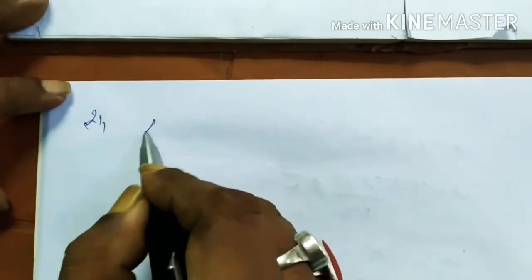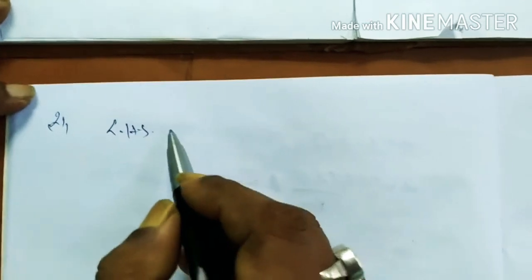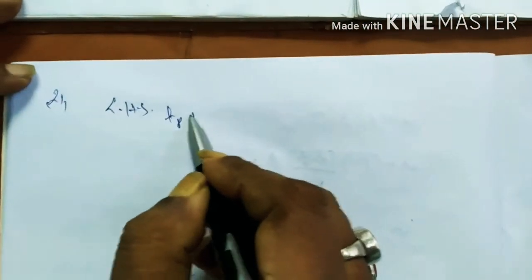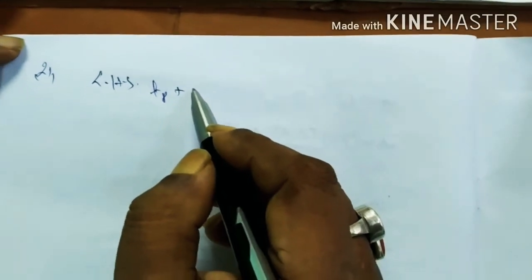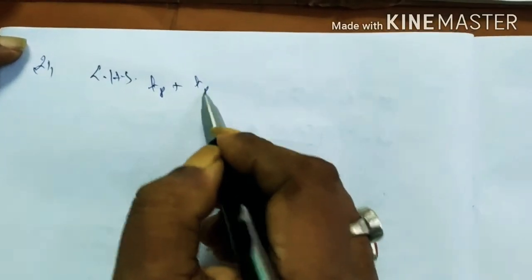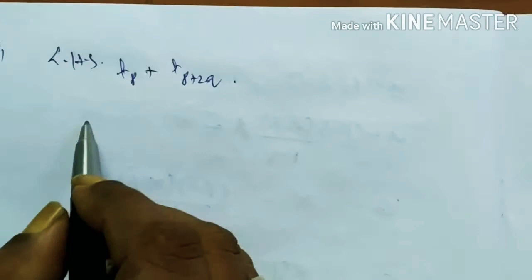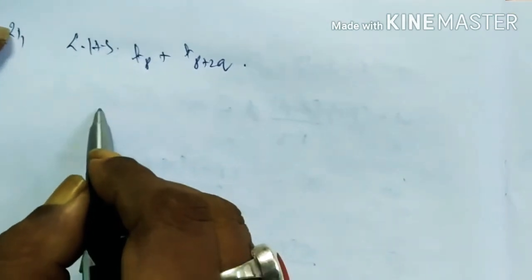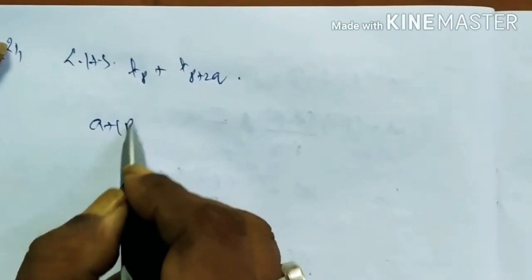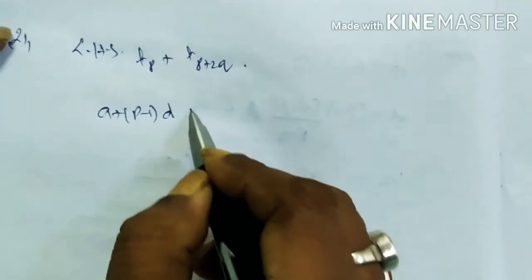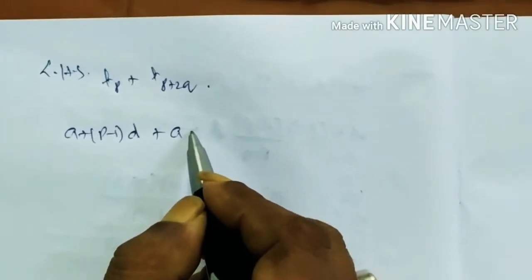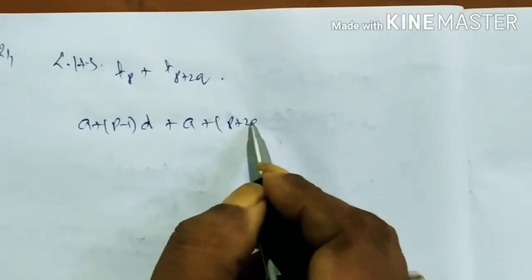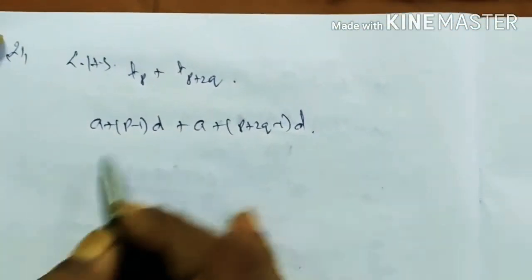Left hand side: the pth term, that is T(p), and the (p+2q)th term, that is T(p+2q). This is equal to a plus (p minus 1)d plus a plus (p plus 2q minus 1) times d.